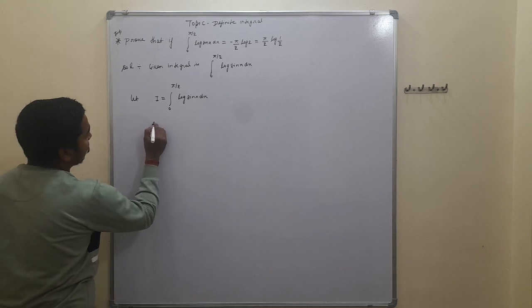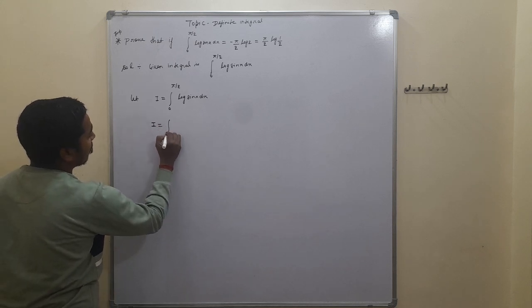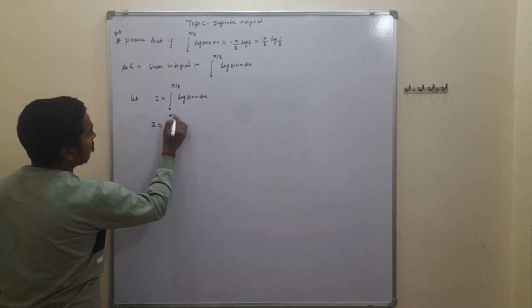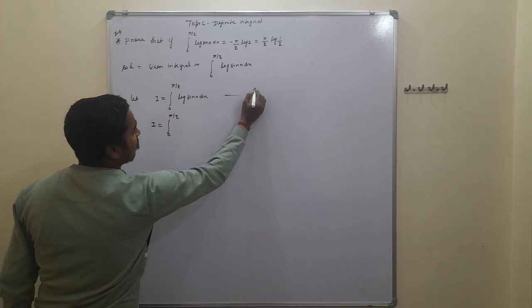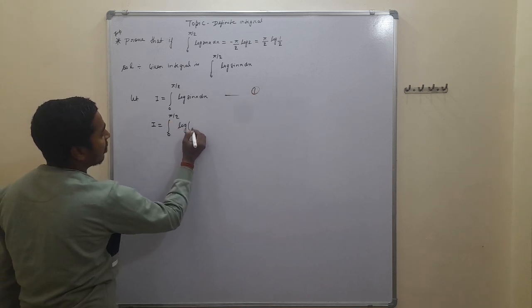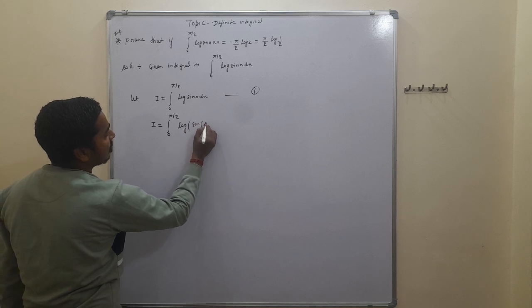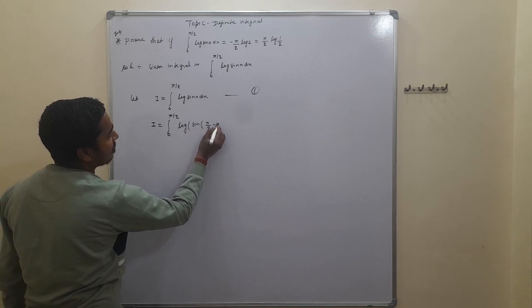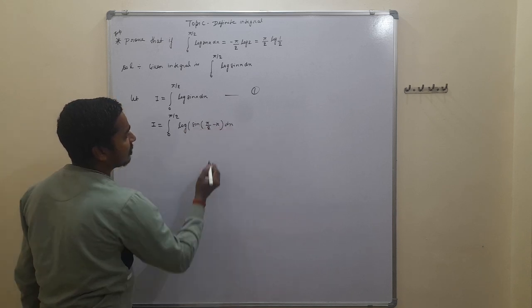You can also write I is equal to the integral with limits 0 to pi by 2. Let this be equation 1, and this is written as log of sin of pi by 2 minus x into dx.